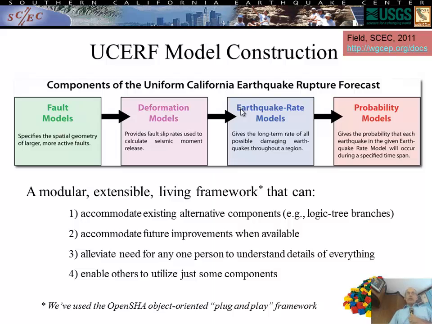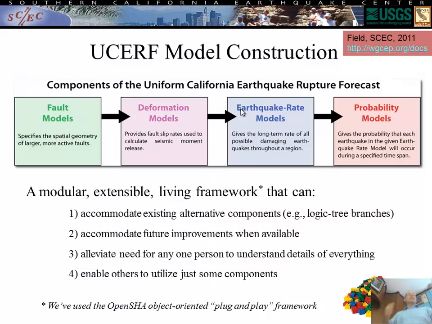And so the main ingredients, and this is a way for us to take apart what we do, are the fault models. This is mapping. We need to know where the faults are, where they start, where they stop, what their dip is, how deep they go, because that really controls the magnitudes. Then we need to know the deformation model.